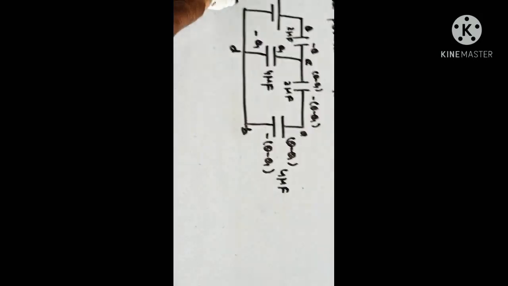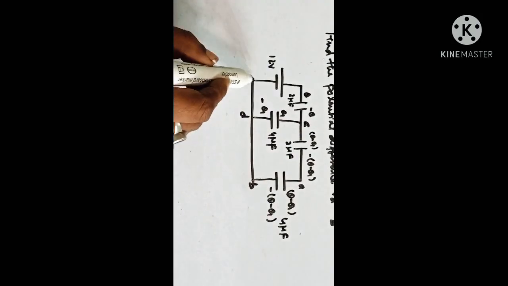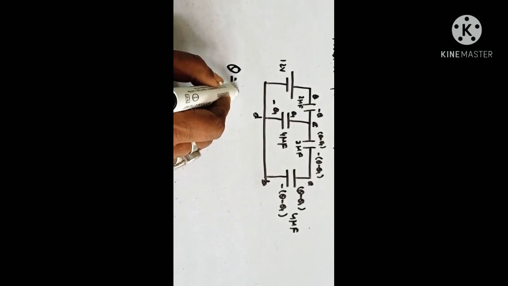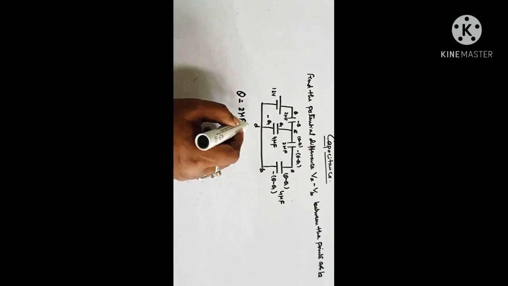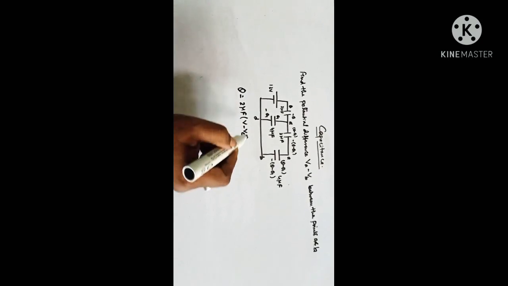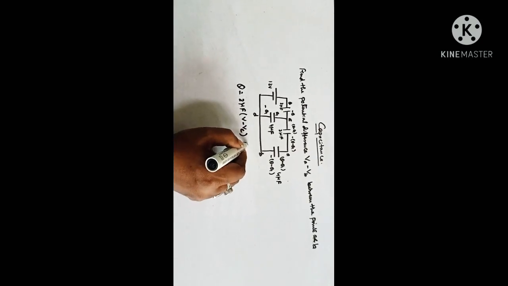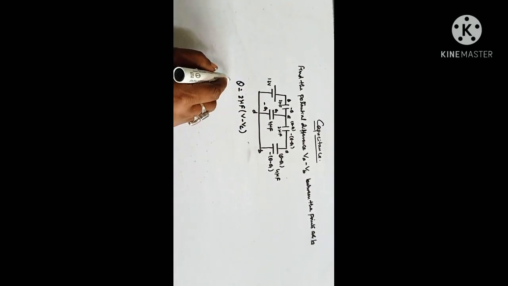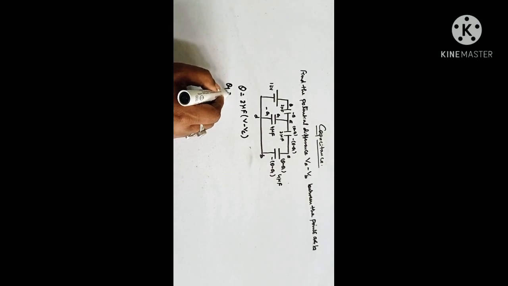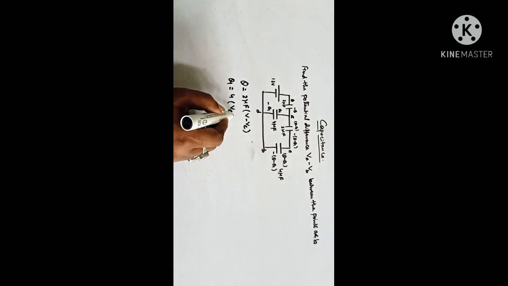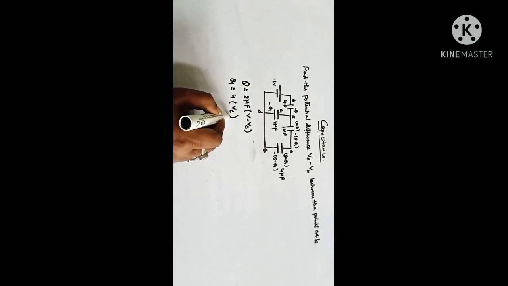Now this is at V and this is at 0, so your Q will be 2 microfarad times V minus VC. And now again Q1 will be equal to 4 VC. VD is your 0, so it will be VC.